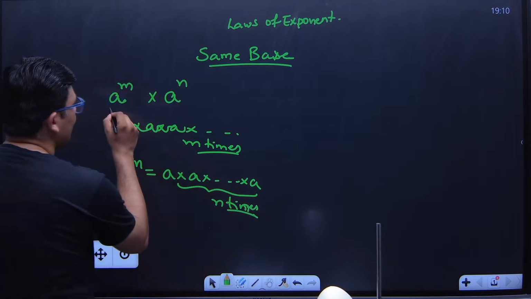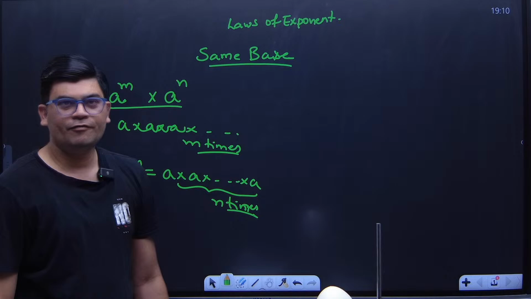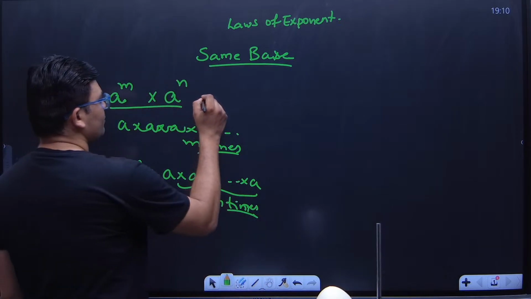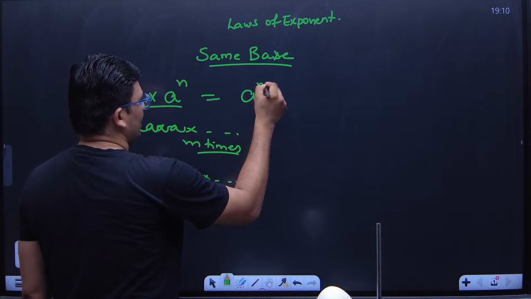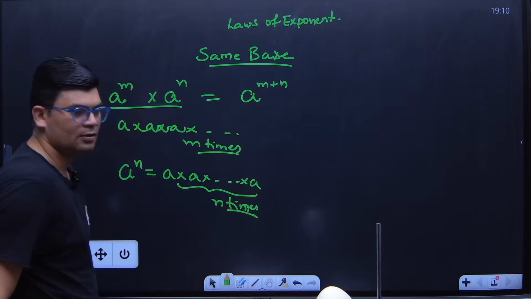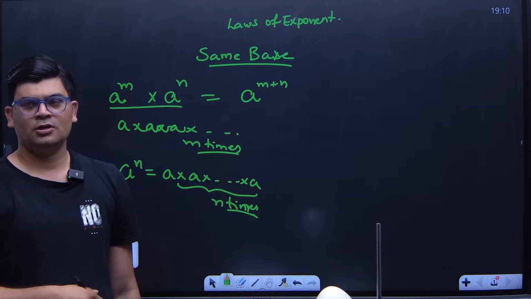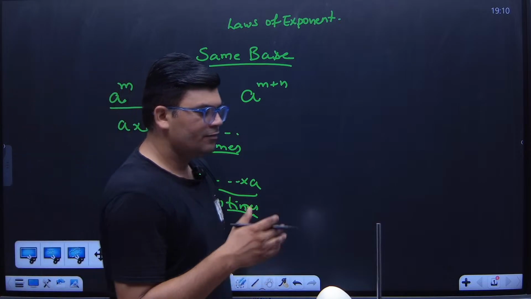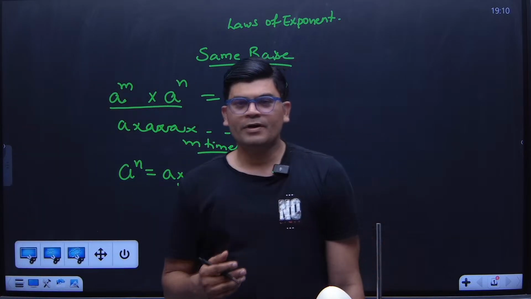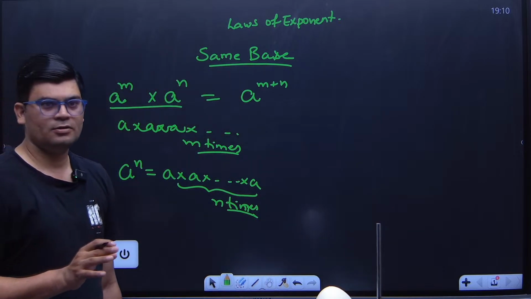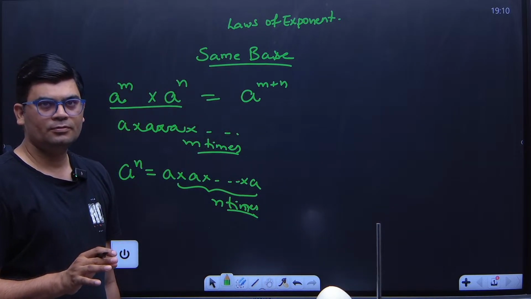So if we multiply both of them, this will become a raised to the power m plus n. This means the power is being added on multiplication if the base is the same. This is what they are saying. Understood?